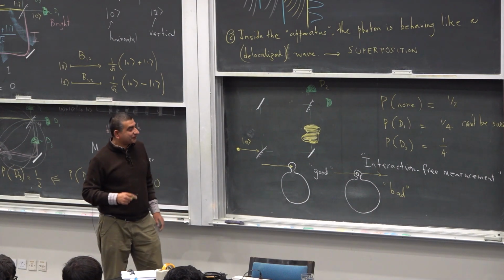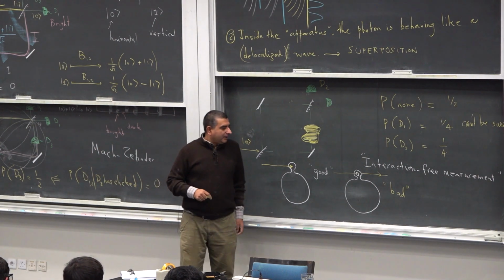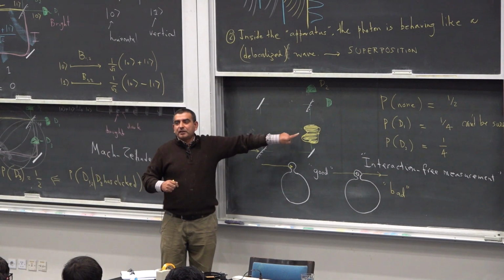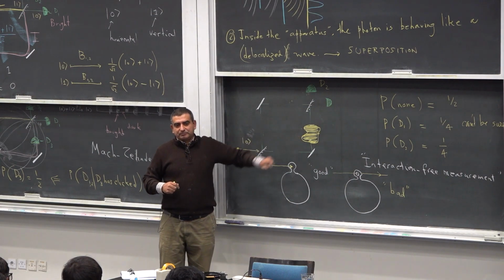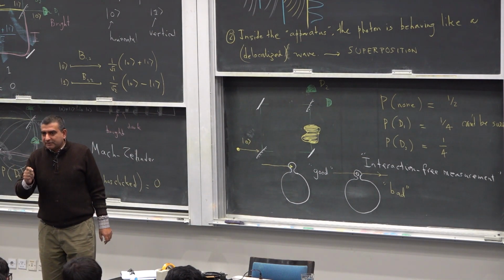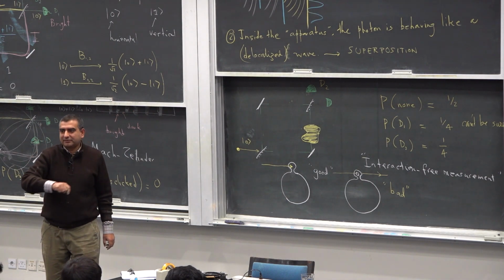These were, by the way, two Israeli scientists who wrote this paper. So now, if in this path you put in a bomb, can you detect that there is a good bomb without ever exploding it?